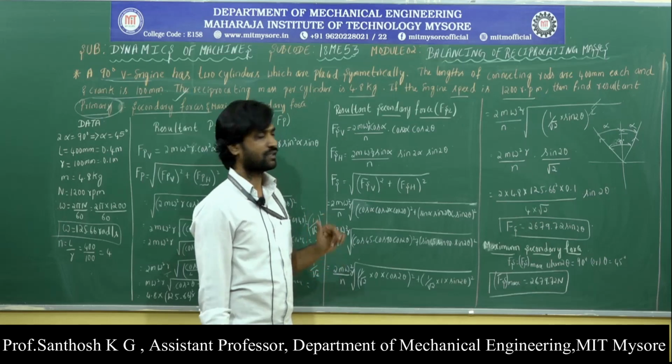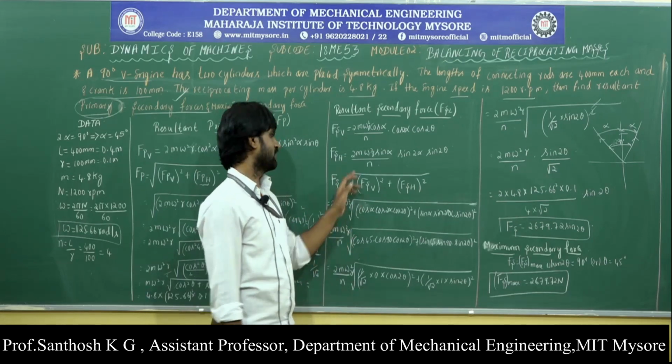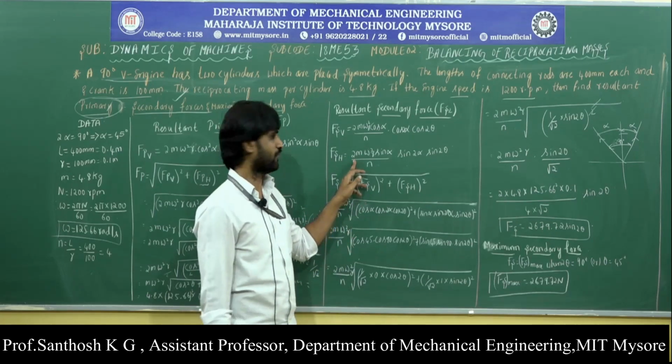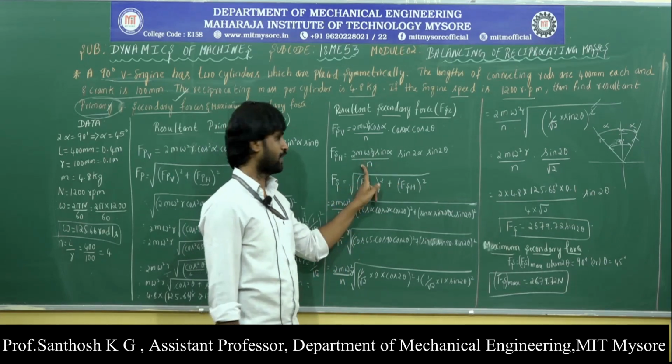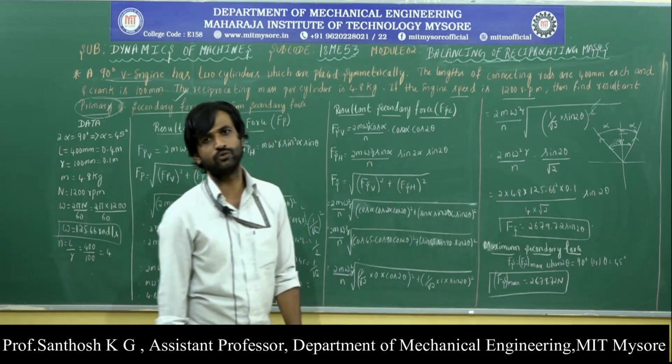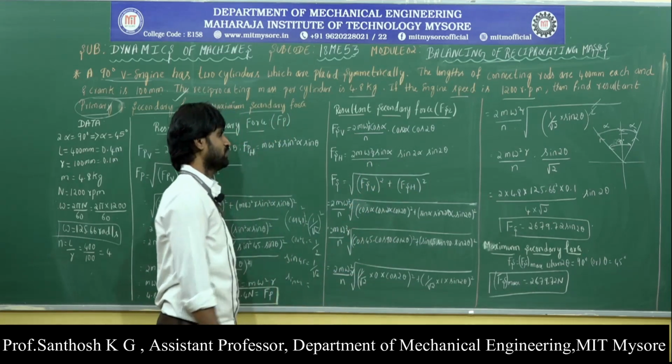Similarly, the horizontal component of the secondary force can be calculated by using the equation 2m omega square r sin alpha divided by n into sin 2 alpha into sin 2 theta.